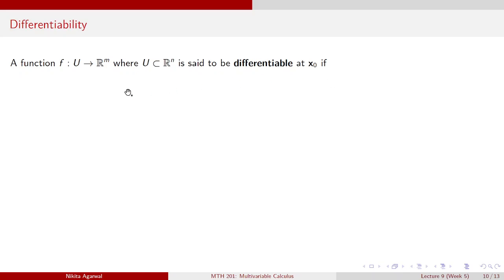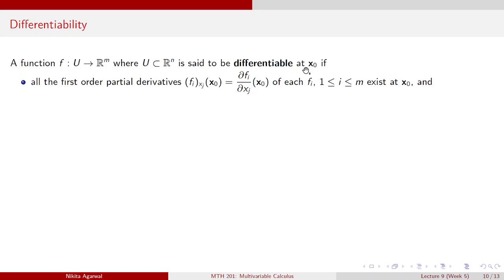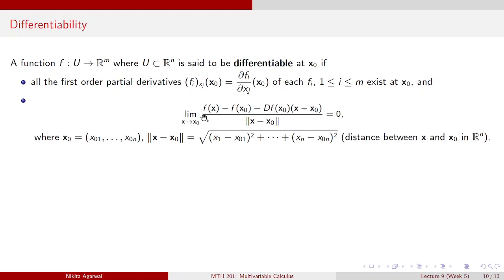We say that a function f from Rn to Rm is said to be differentiable at x naught if, first of all, the partial derivatives exist at the given point, and when you look at the limit as x goes to x naught of f(x) minus f(x naught) minus the derivative matrix times x minus x naught, divided by the distance between x and x naught, this limit should go to 0, where x naught is a point in Rn, so it has n components.